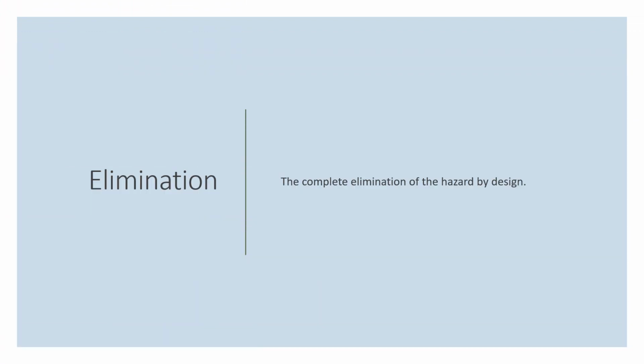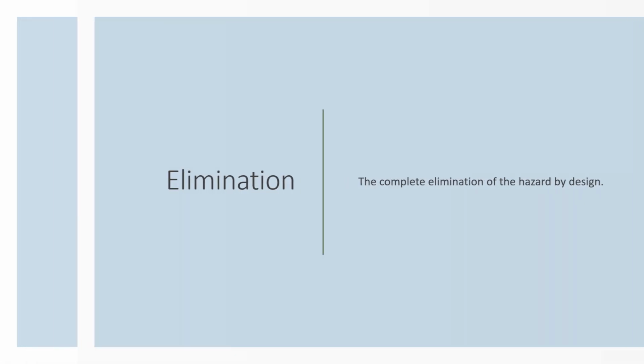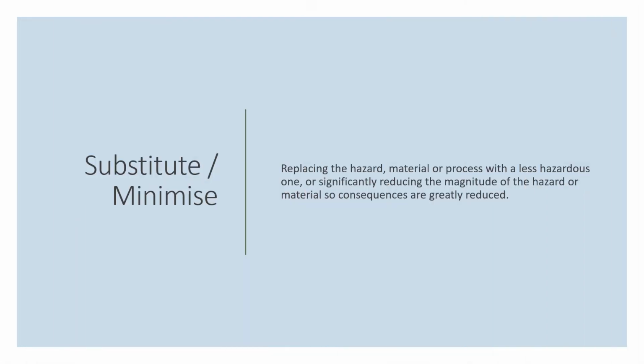Within the hierarchy of control, we can eliminate the hazard. That is the complete elimination of the hazard by design. We can substitute or minimize the hazard by replacing the hazard, the material or process, with a less hazardous one, or significantly reducing the magnitude of the hazard or material so consequences are greatly reduced.